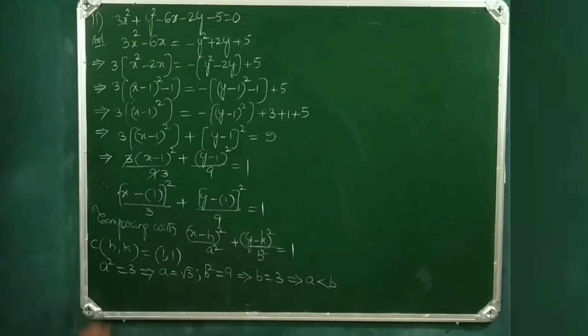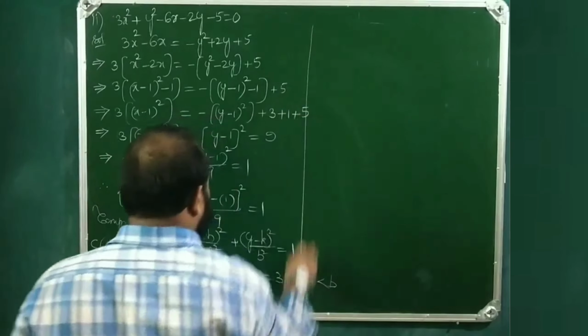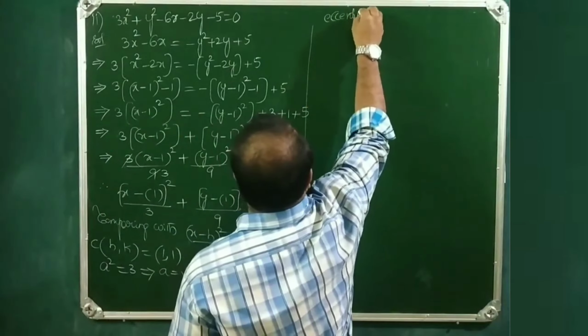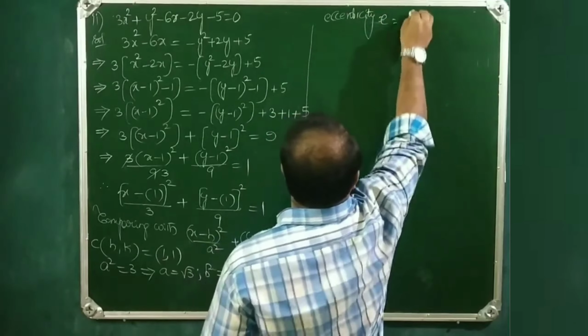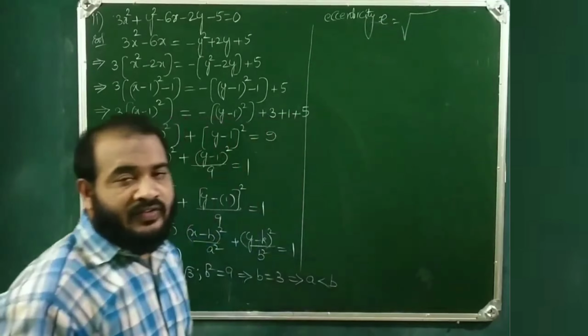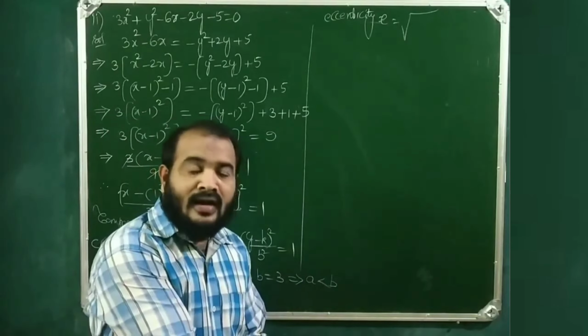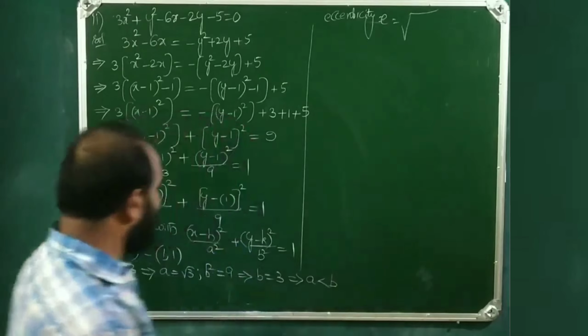So then what is the eccentricity e? In the last case, since a is greater than b, it was a square minus b square by the greater square. So here what is greater? b.